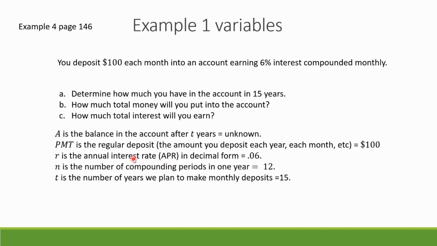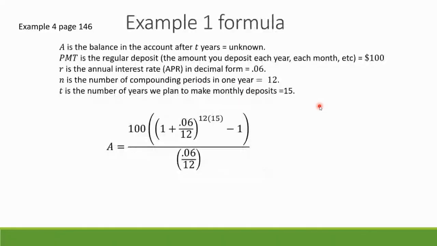R is the annual interest rate, 6%, but we write it as a decimal, 0.06. N is the number of compounding periods each year. Since it's compounded monthly, and there are 12 months in a year, N is 12. T is how many years we're making deposits, which is 15 years.